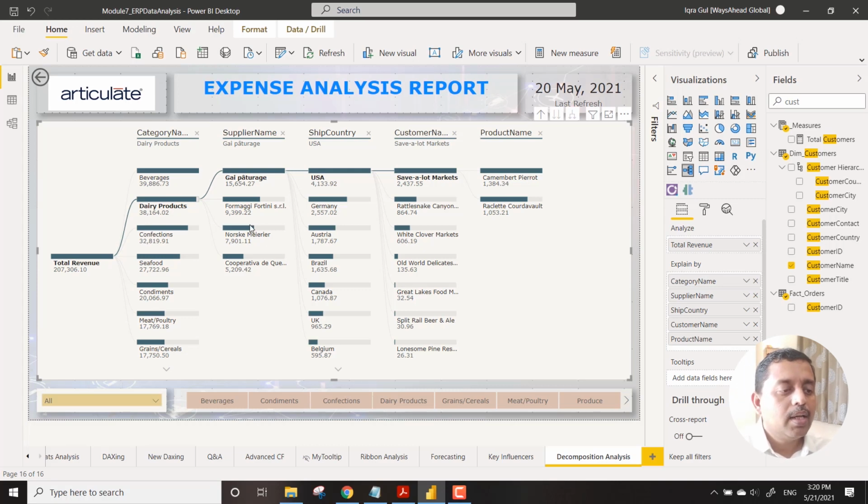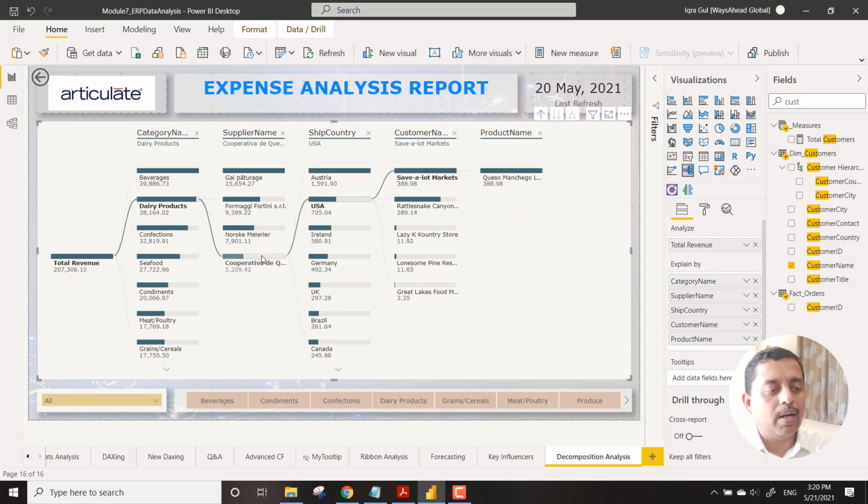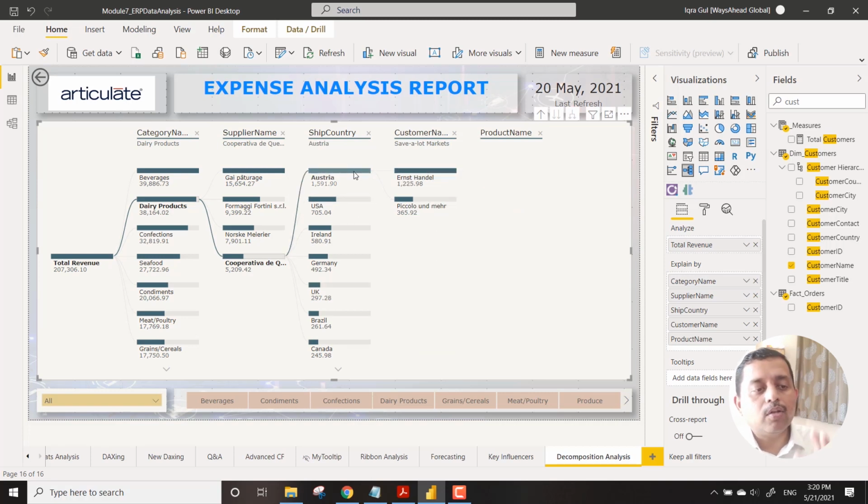The best part is, suppose you want to understand it from the dairy products cooperative part, you can immediately see the highest revenue we are getting from Austria, and in Austria the highest revenue is from Ernst Handel, and then these are the products that this particular customer is buying. So at one glance you can see the movement of your product.